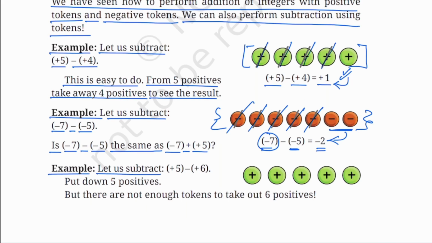Example, let us subtract plus 5 minus plus 6. Put down 5 positives like this. But there are not enough tokens to take out 6 positives.